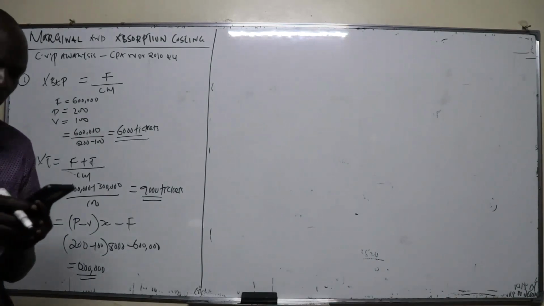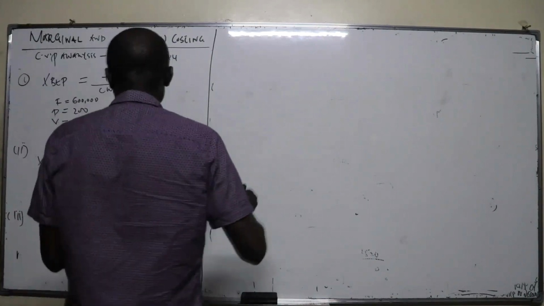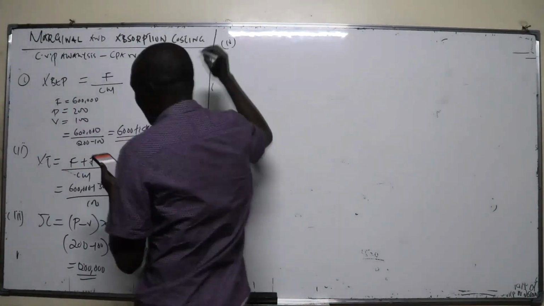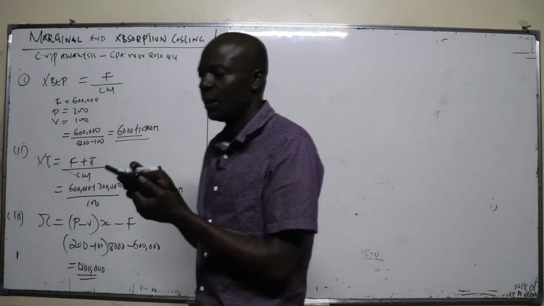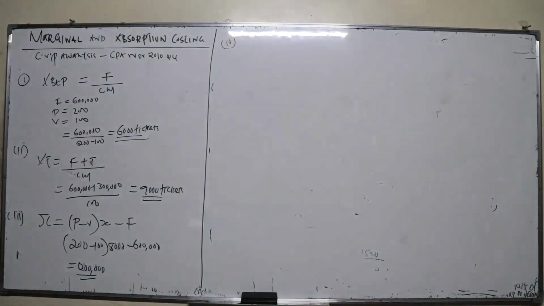And then Roman number 4, what are they asking? They're asking for the selling price.